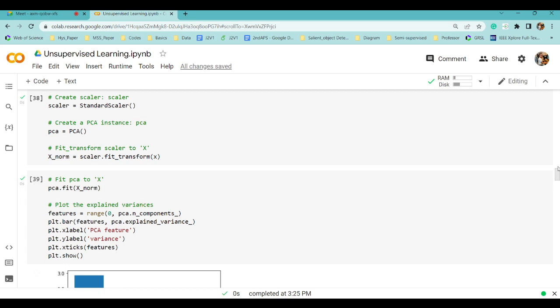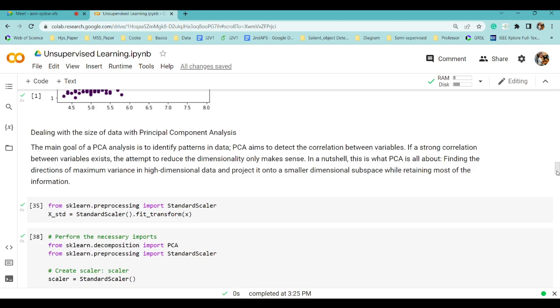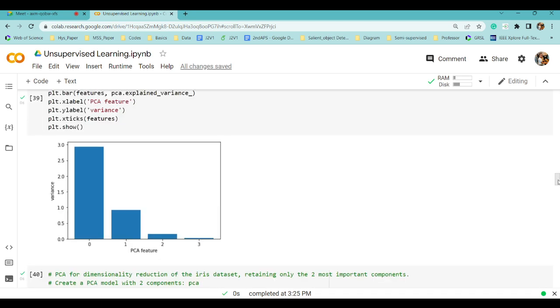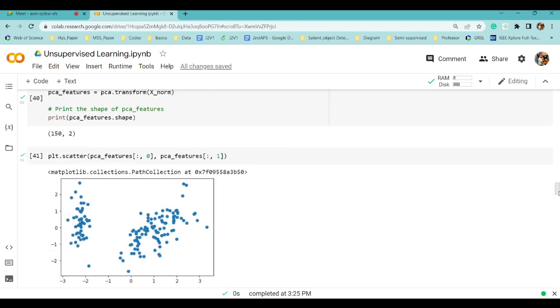So I wanted to give you an example of how you can do that. This is how you can justify why you have taken just 2 components or 10 or 20 components based on your variance, and that is the mathematics hidden behind PCA. That's it.